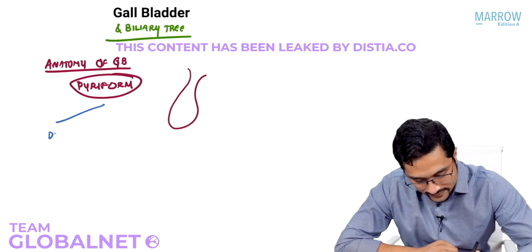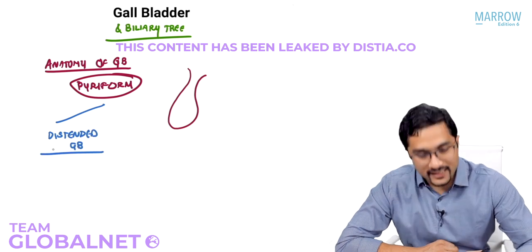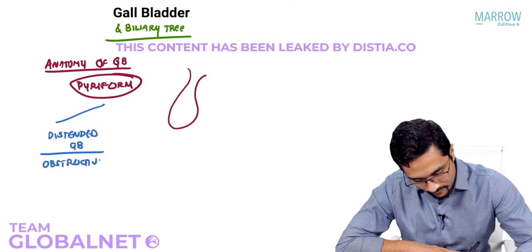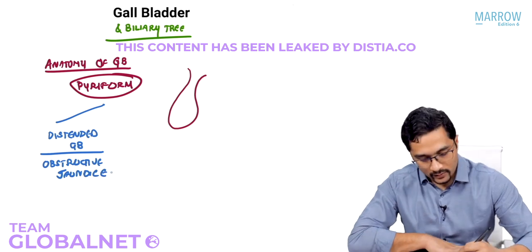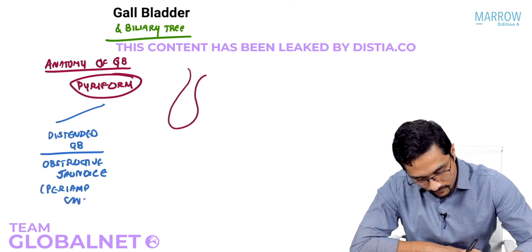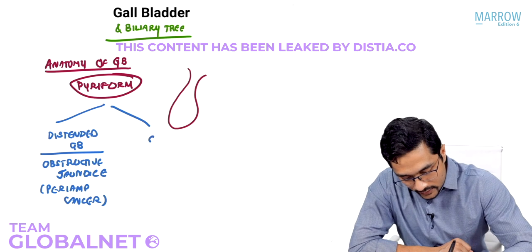Either you can have a distended GB, and a distended gallbladder can be seen in a patient with obstructive jaundice due to periampullary cancers. This I've covered in the pancreas module. Or you can have an enlarged gallbladder in patients with GB cancer.